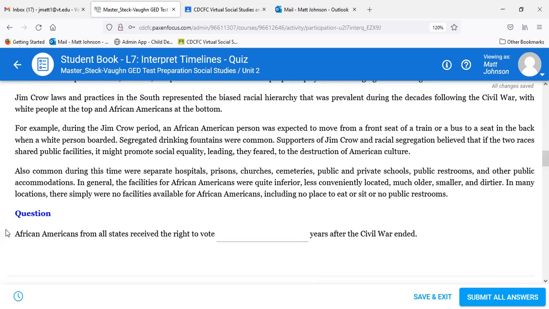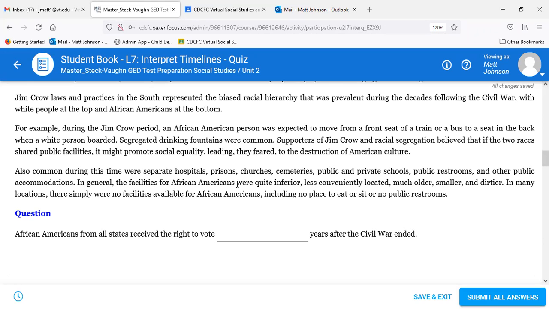Also common during this time were separate hospitals, prisons, churches, cemeteries, public and private schools, public restrooms, and other public accommodations. In general, the facilities for African Americans were quite inferior, less conveniently located, much older, and smaller.